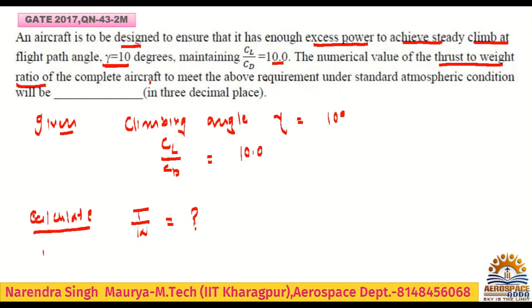See, this problem is asked for 2 marks. This is a problem on the climbing of the aircraft. That is a separate topic, and it was also covered in my subject session. But now we'll go for the analysis of climbing flight.